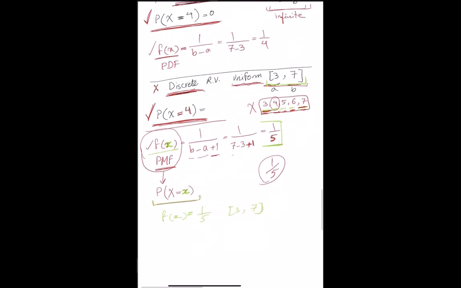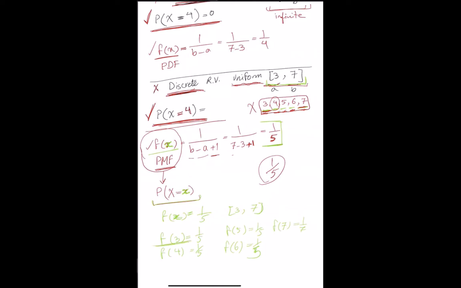That means f of 3 is 1/5, f of 4 is 1/5, f of 5 is 1/5, f of 6 is 1/5, and f of 7 is 1/5. Because what does f of 3 mean?